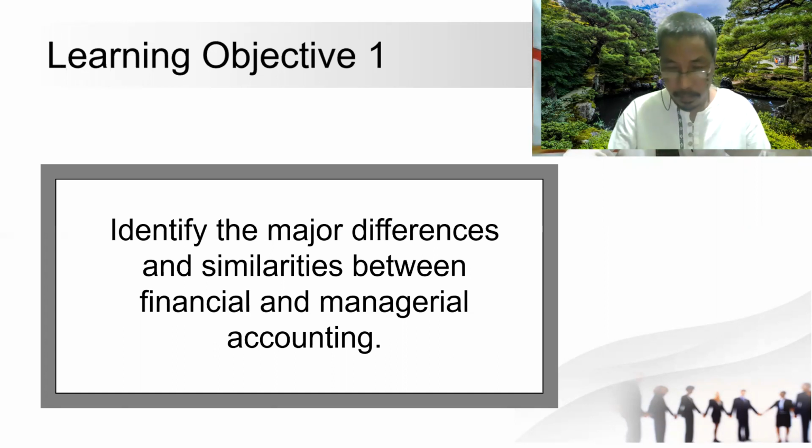Okay? And we would like to now differentiate, because we will use those concepts that we reviewed from financial accounting, but we also would like to differentiate. What is the difference between the two?